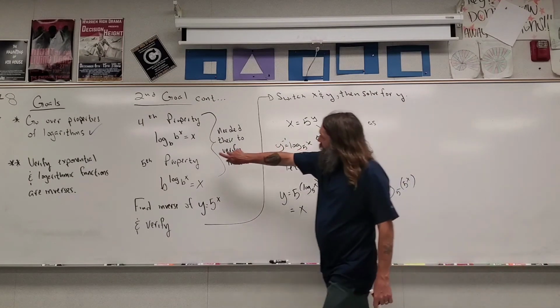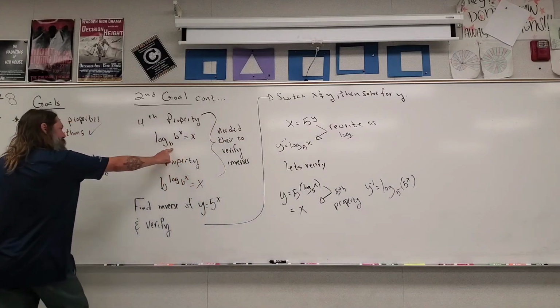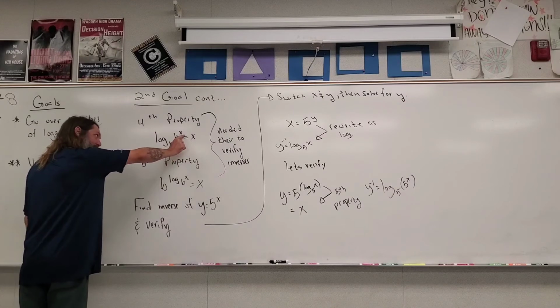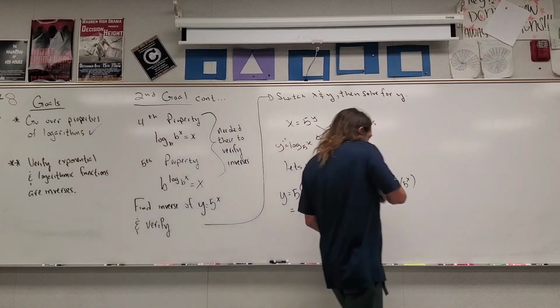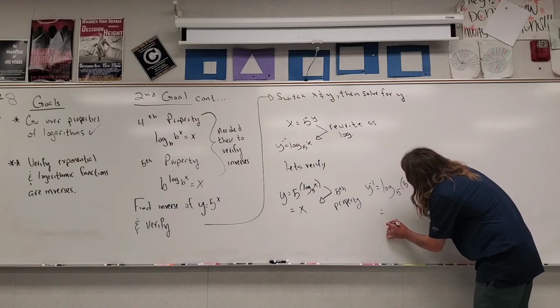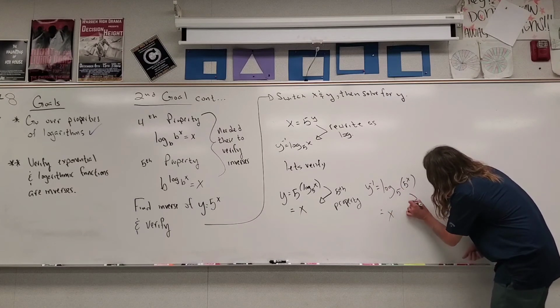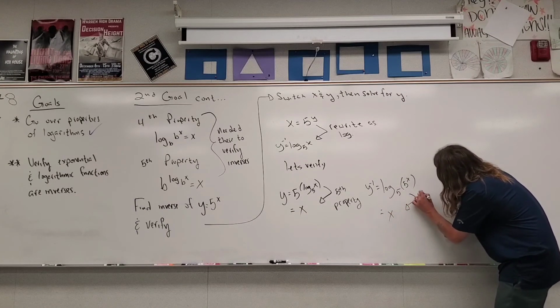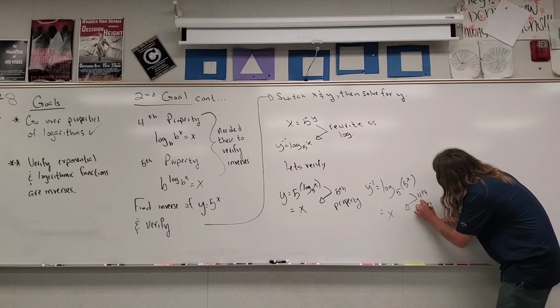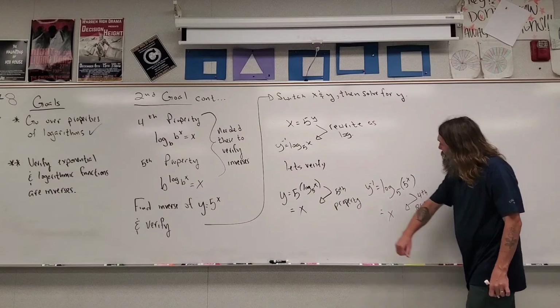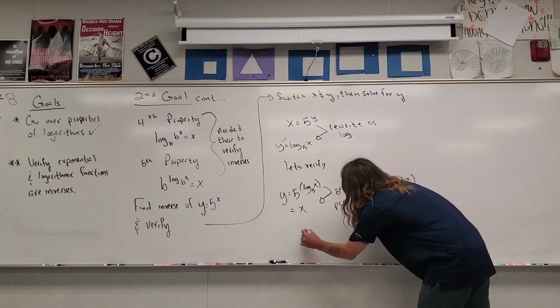I have the fourth property, which says that this base needs an exponent of x to turn itself to the power x. So that means that we get this equal to x by the fourth property. And therefore, we have inverses.